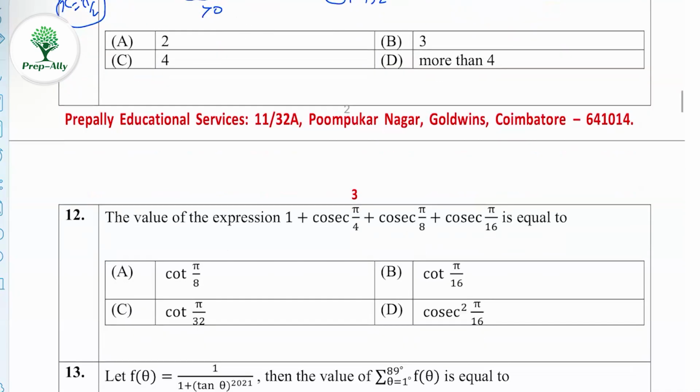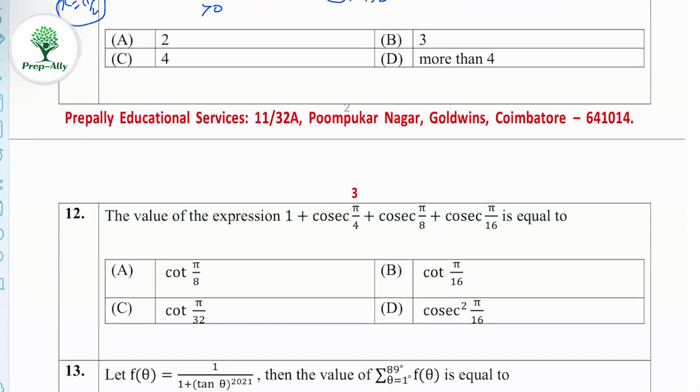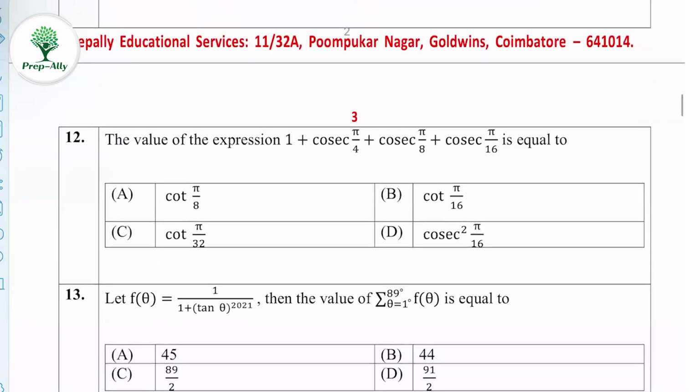Next, the value of this expression. So when you see this, the value of this expression. We know that 1 plus cos 2x by sin 2x is what? Cot x, because 1 plus cos 2x is 2 cos square x and sin 2x is 2 sin x cos x.